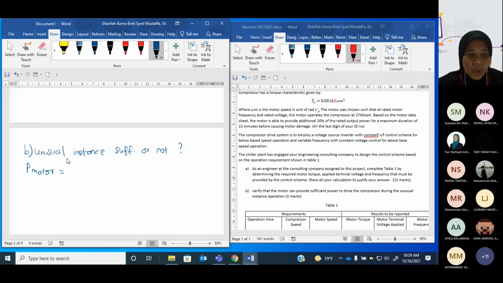So the maximum motor power will be 1.2 times P out rated, since it is 20%.